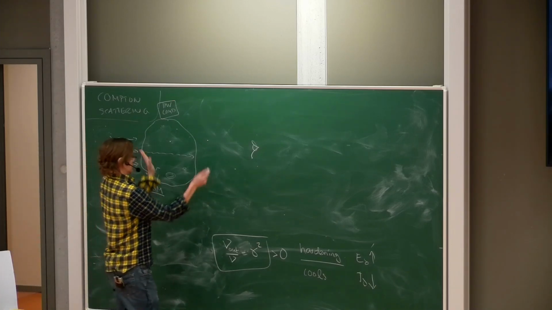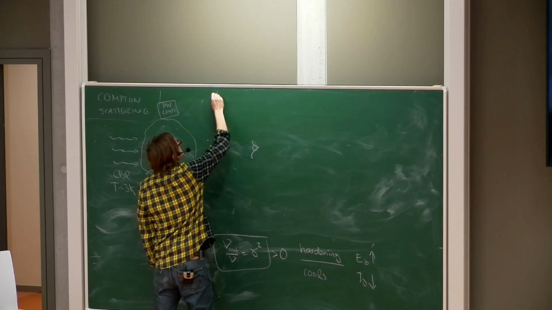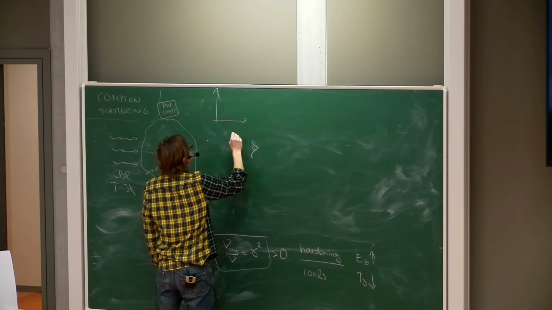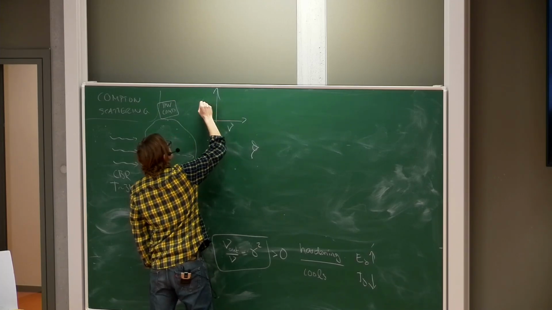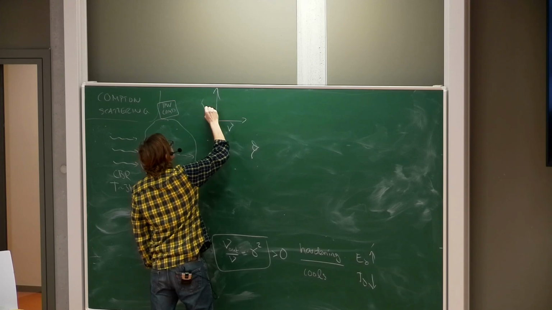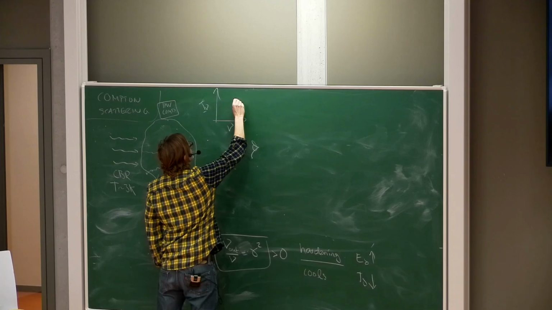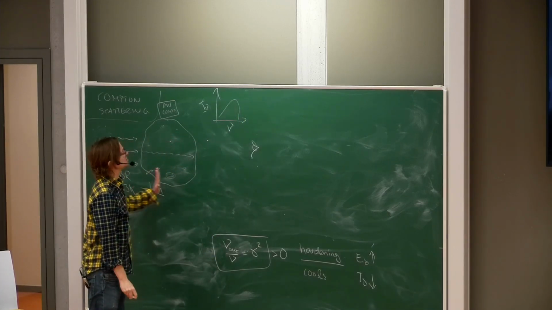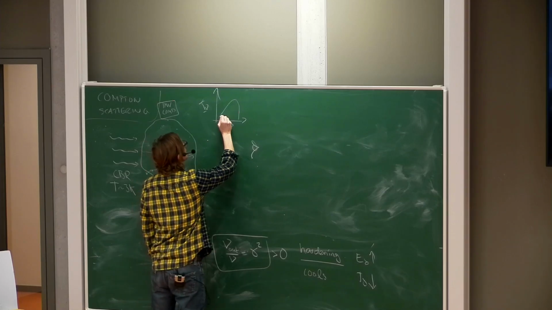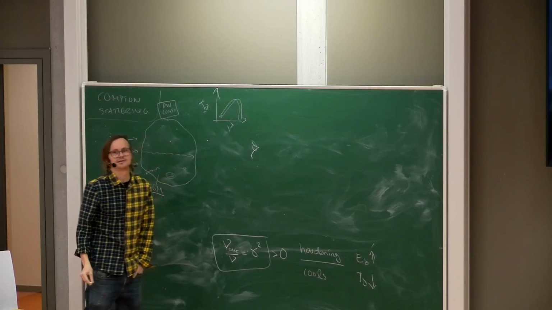So if your undisturbed cosmic background radiation spectrum looks something like this, a bad drawing, then this will be shifted like this.